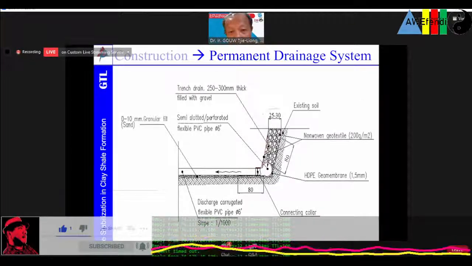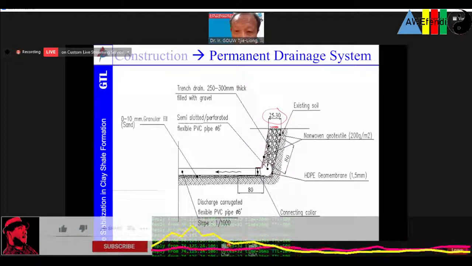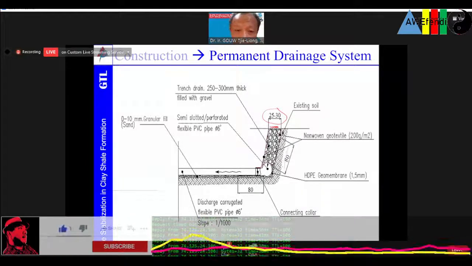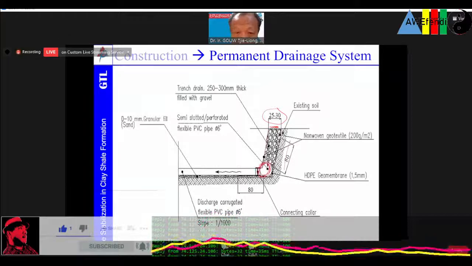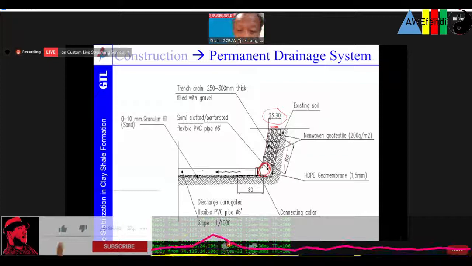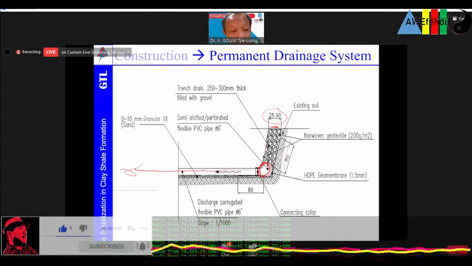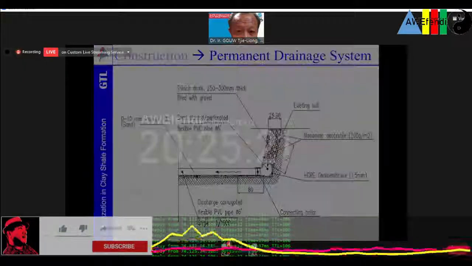So these are the details of the discharge system. It's about 25 to 30 centimeter width, and then about 80 centimeter. Then we have this pipe, then we channel it out through the outside of the retaining wall, retaining system.